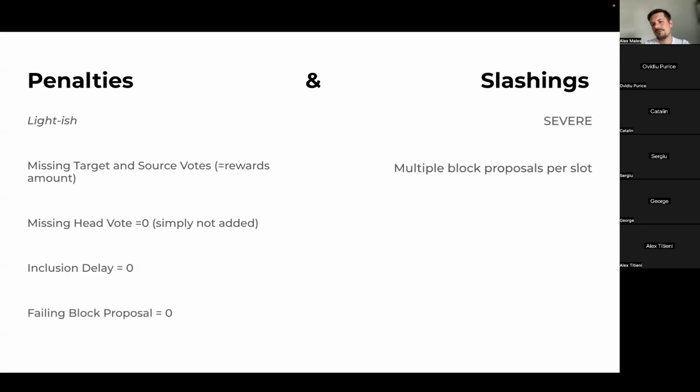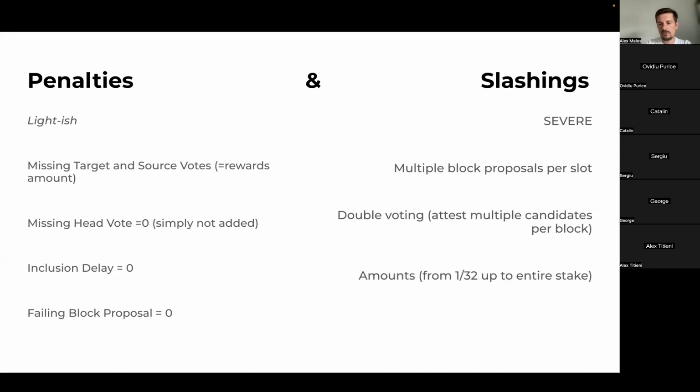Then slashings are more severe. There are various scenarios where you can be slashed, but you have to intentionally do something bad. You can make multiple block proposals for the same slot, or do double voting, or send multiple attestations for the same slot.